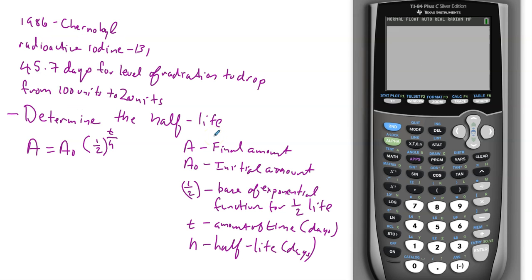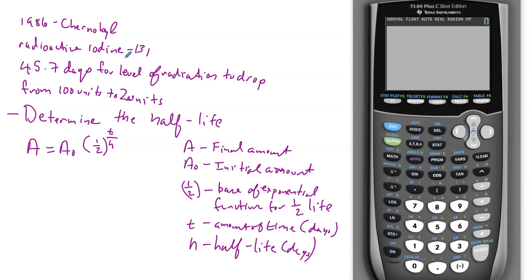Okay, so, in 1986, in Chernobyl, there was a meltdown in a nuclear reactor, and what that did is it released radioactive iodine-131 into the atmosphere. The problem with that is that your thyroid could take in this radioactive iodine, and that could cause problems.